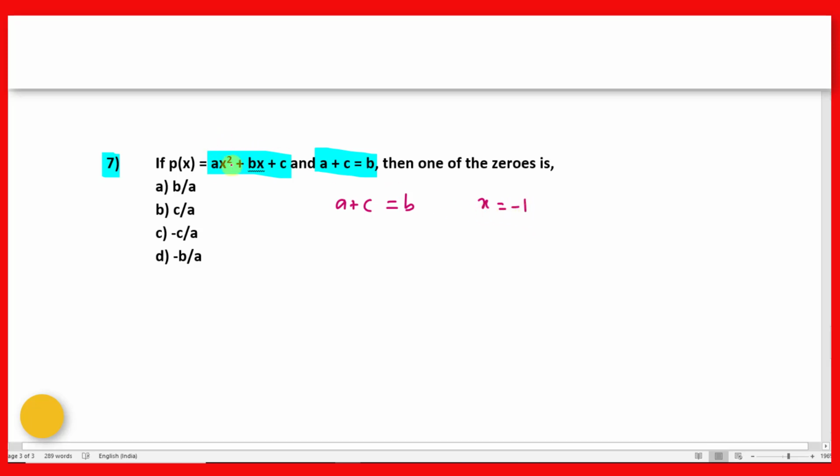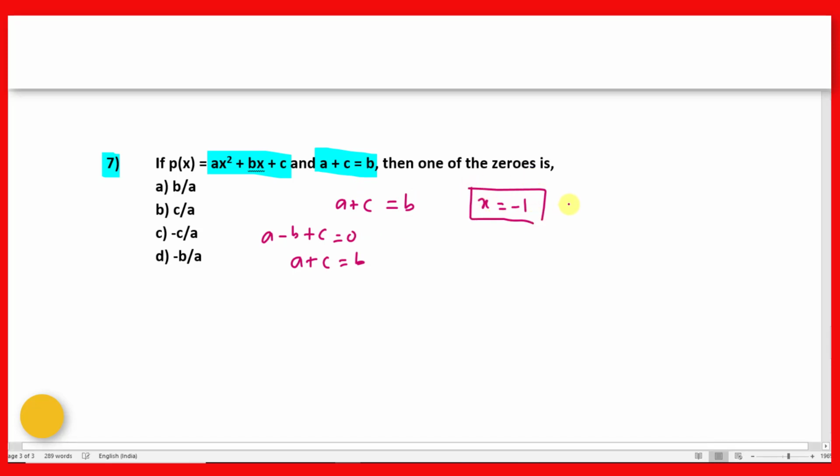If we put the value of x as minus 1, then minus 1 square will be 1 and it will be a. And here if you put the value of x as minus 1, then it will be minus b plus c, that is equal to 0, and if you shift b to the other side, you will get a plus c is equal to b.